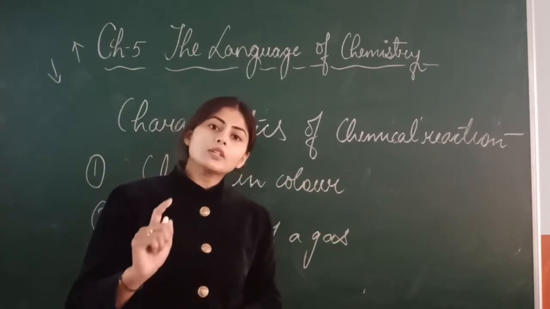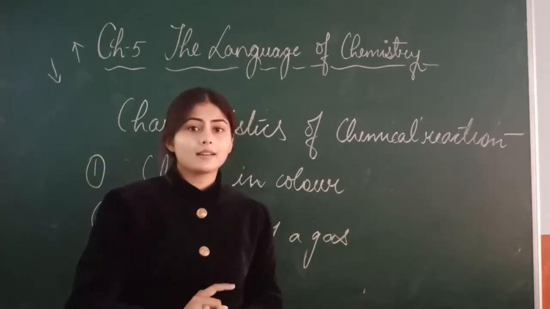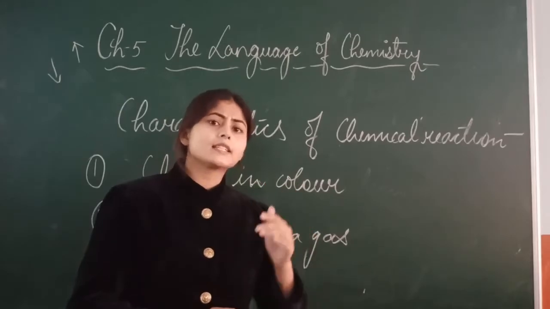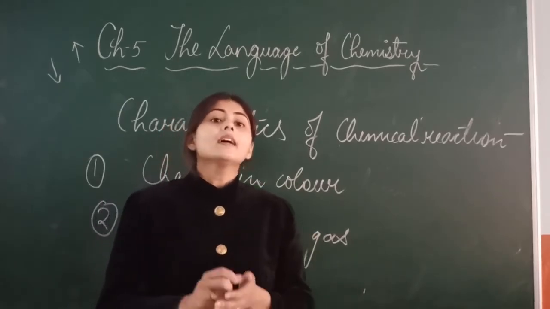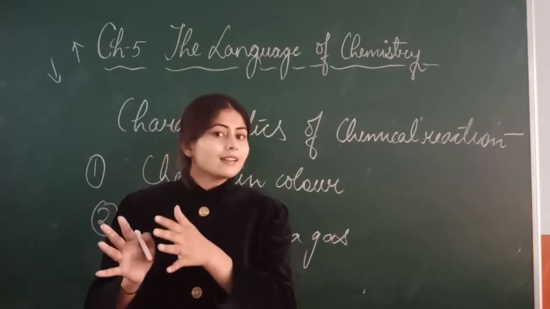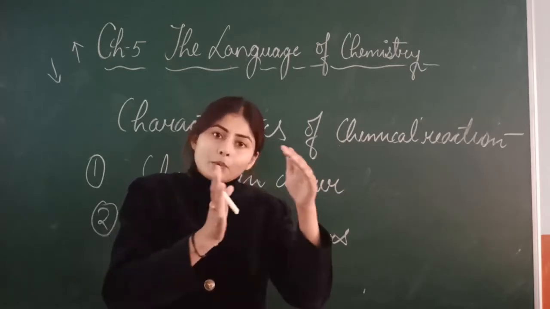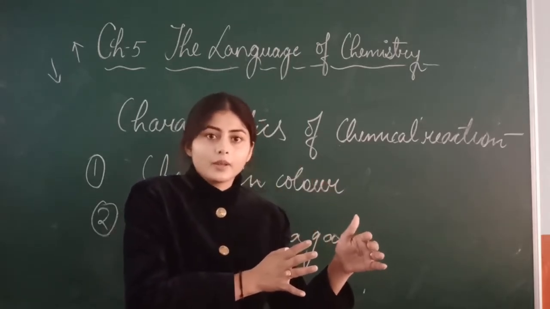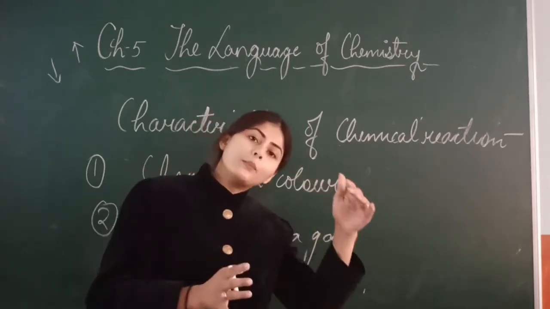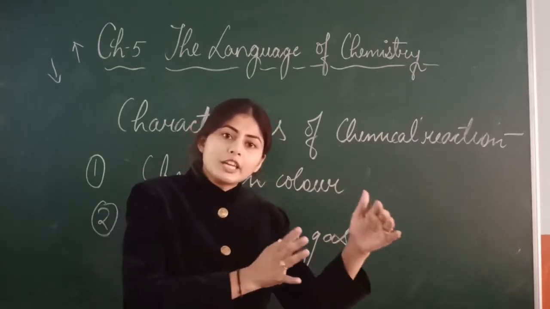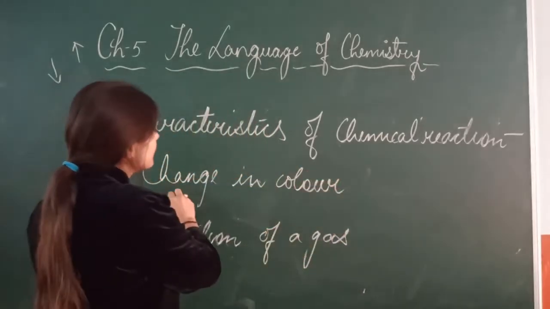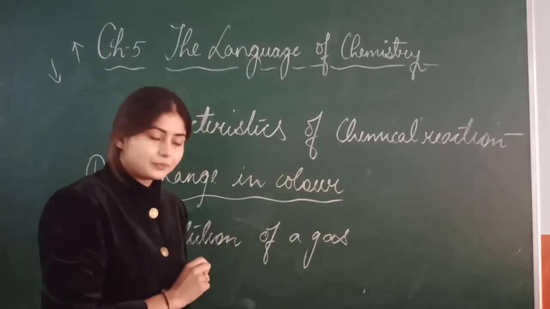Copper oxide is black in color. So you can see in this chemical reaction that the reactant is green in color, but the product is black, right? So from the reactant to the product, the color changes. That is what change in color is.